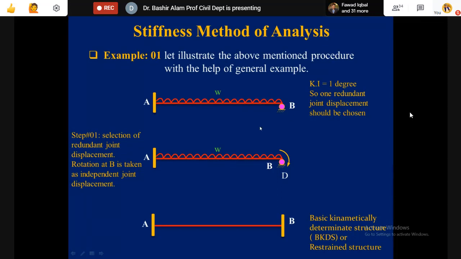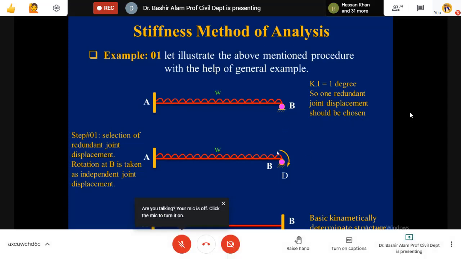Kinematic indeterminacy: if we ignore the axial effects, the kinematic indeterminacy of this problem is 1 degree, which is rotation at B. So one redundant joint displacement should be chosen, and that is rotation.